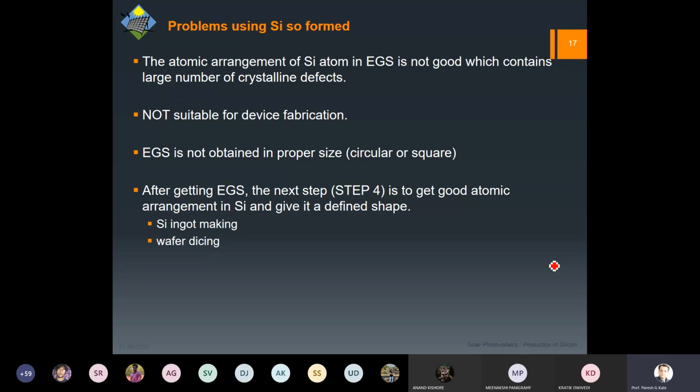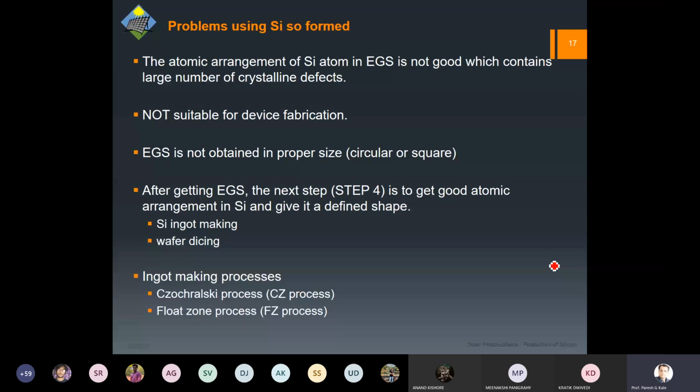The first process we will do is ingot making. We will transform the FBR output or the Siemens reactor output so that we get a cylinder of 8, 10, 12 inches or whatever size we require. When we slice that cylinder, we get circular wafers. For ingot making, two processes are followed, CZ and FZ.